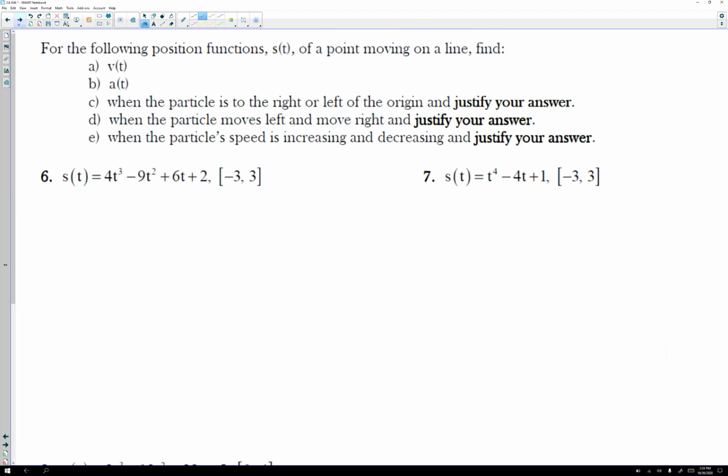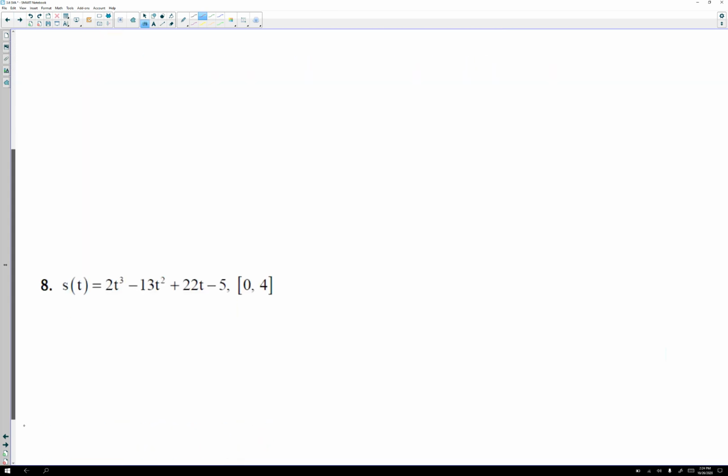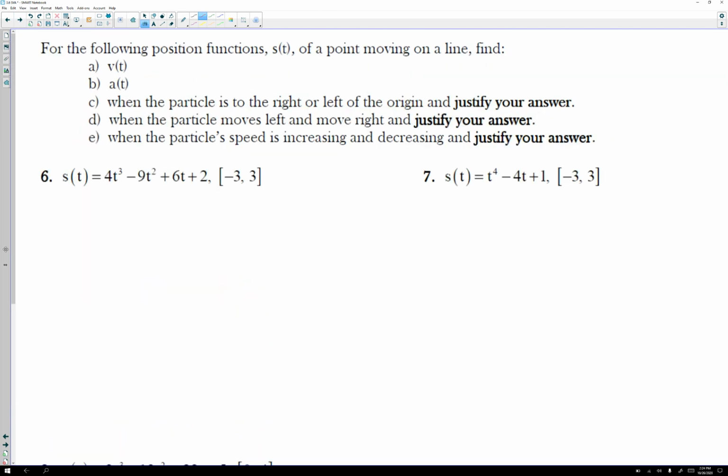I want you to be aware that on problems 6, 7, and 8, you are supposed to justify on these last 3 things. Your justification is going to be stuff like because the velocity is negative there, or because the velocity and acceleration have the same signs, or whatever.